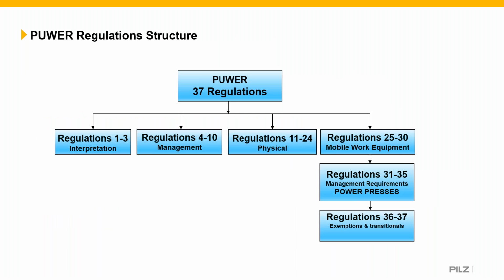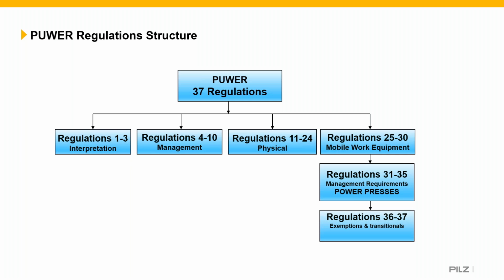So as I said, the regulations themselves are split into sections. There are 6 sections in total. Section 1 looks at the commencement, application, interpretation of the regulations. Section 2 is the management issues, so relating to ensuring the suitability of the work equipment for the job it has to do, looking at maintenance, so both planned preventative and routine maintenance, training, and so on.